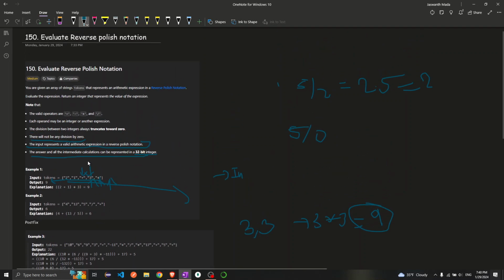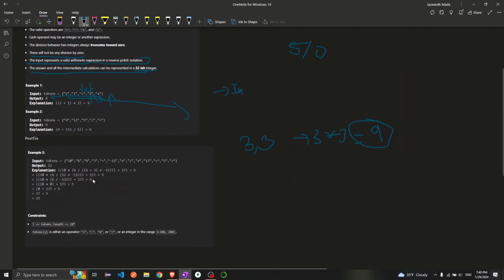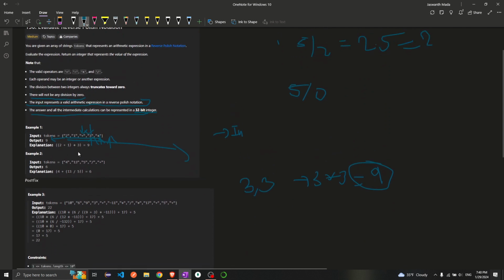If you look at this carefully, every time we encounter an operator, we're going back and taking the previous two elements. And here, we are also taking the previous two elements, 3 and the calculated value of 2 comma 1, 2 plus 1.